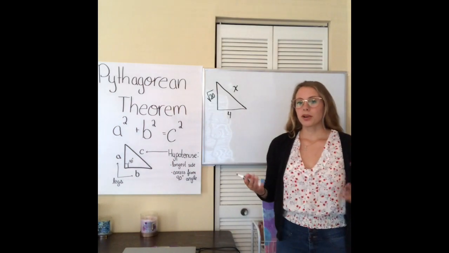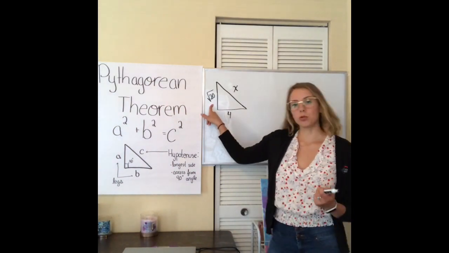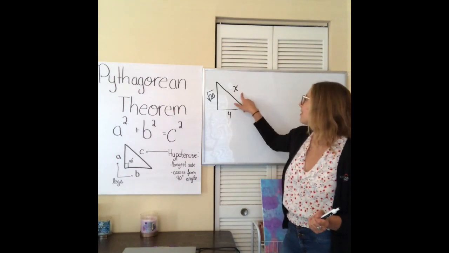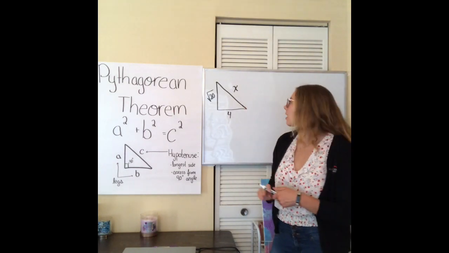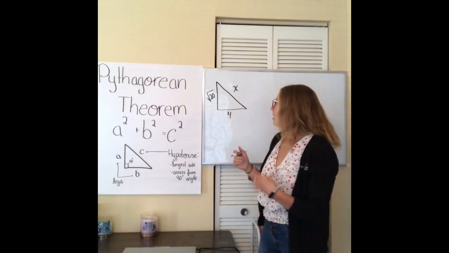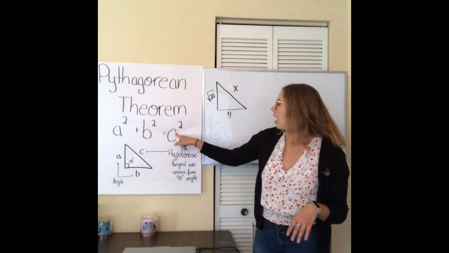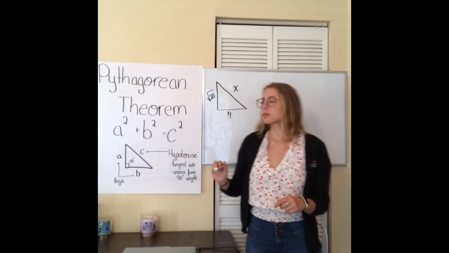So let's try another problem. This time, this leg is the square root of 20. This leg is 4. And this leg is X. The first thing I'm going to do is decide which of these is going to be which of my legs.